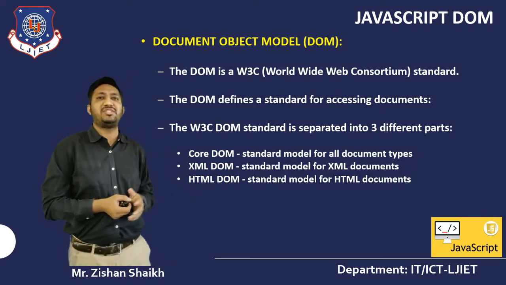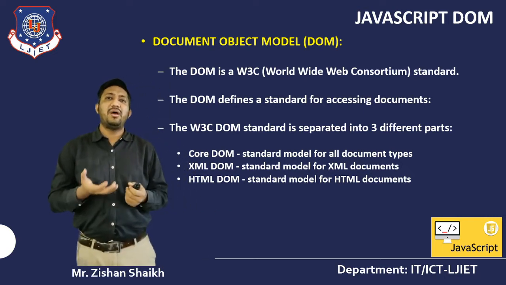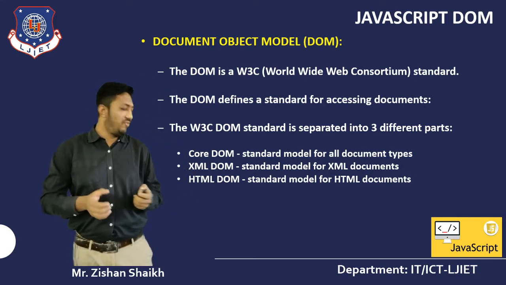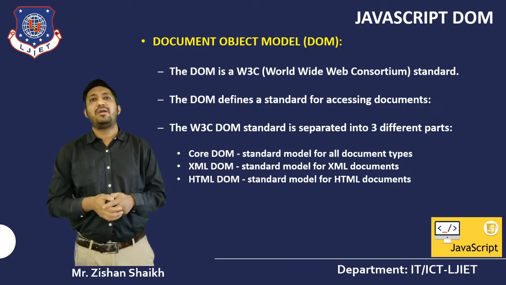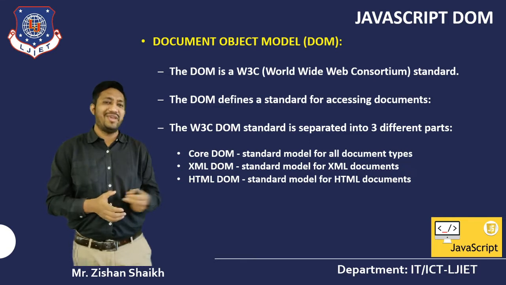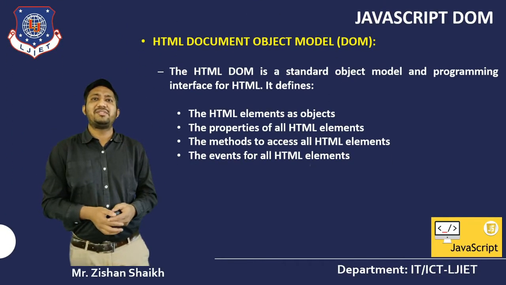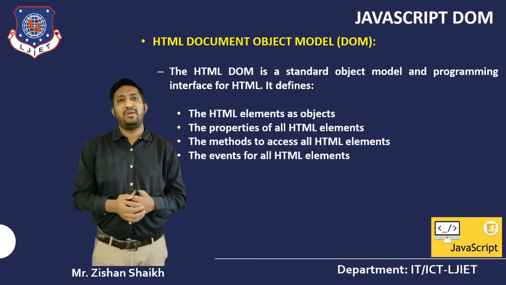And the third one is the HTML DOM, which provides a standard that is followed by HTML documents. In this video and our curriculum, we are following only the HTML DOM. So let's understand how we can use the DOM here.